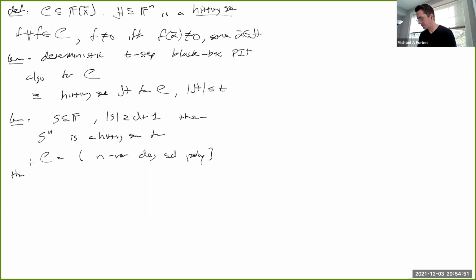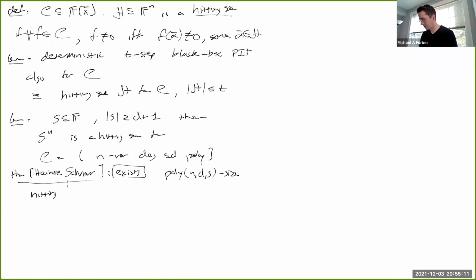And so there's a theorem of Heintz and Schnorr, which says that there exists, non-constructively, a polynomial in n, d, and s size hitting set for curly C, where we have n variables, degree at most d, and size at most s, when the size of the field is at least some polynomial in n, d, and s.